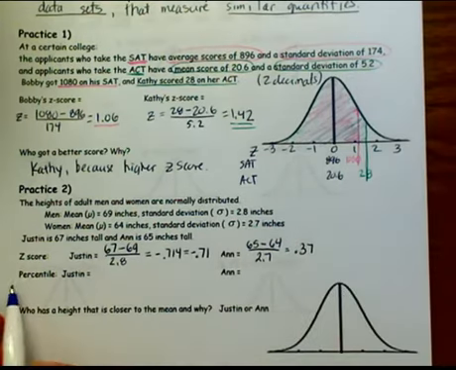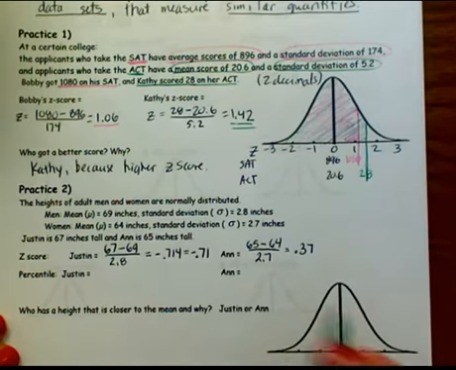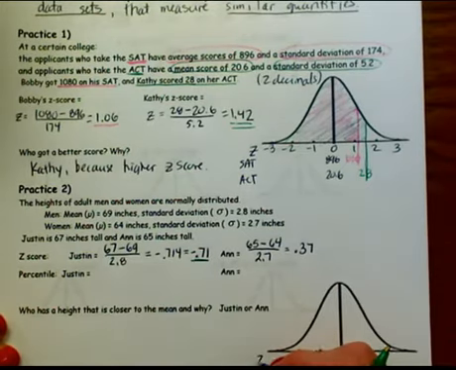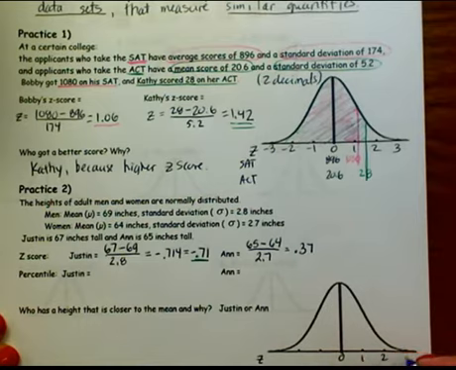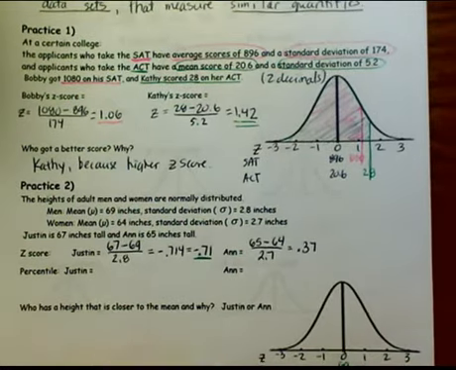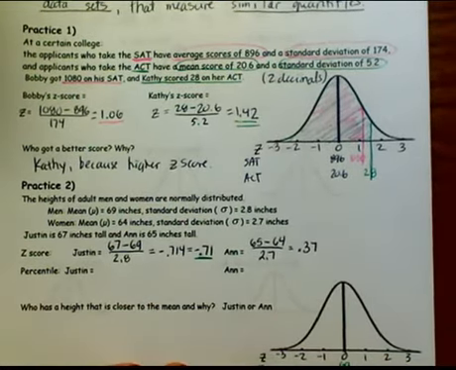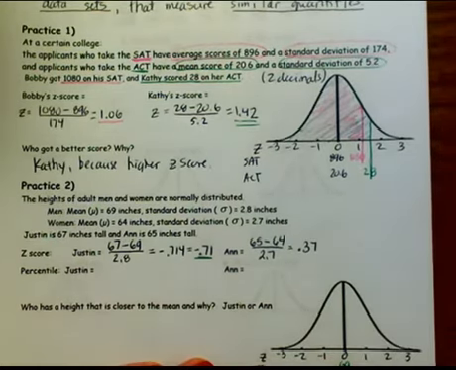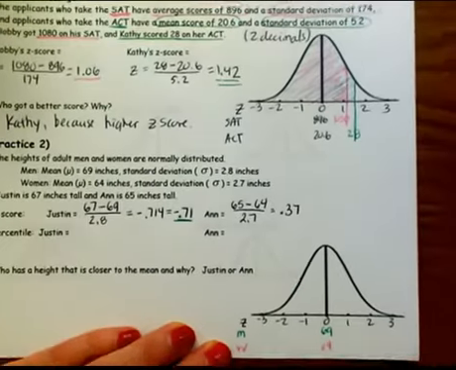Now we're looking at percentile, and I'm not quite sure how to do that yet, but let's draw our diagram. Okay. Z-scores, 0, 1, 2, 3, negative 1, negative 2, negative 3. And we can do men, and I'm just going to label the middle, okay, and women. And let's label the middle at 64, okay. This helps me place my data.